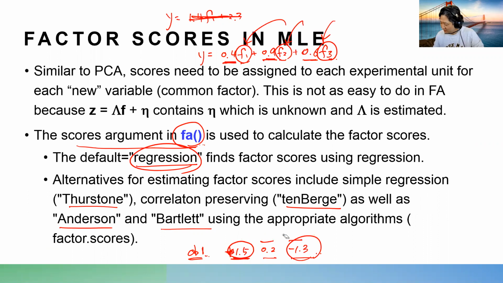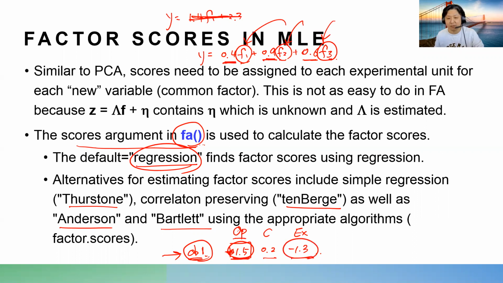Let me say it differently. Let's say the first factor is openness, the second factor is conscientiousness, and the third factor is extroversion. We computed the factor scores of the first observation. His factor score for openness is a positive 1.5, so his latent trait level of openness is very high.